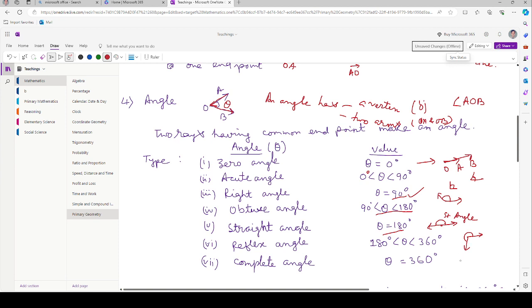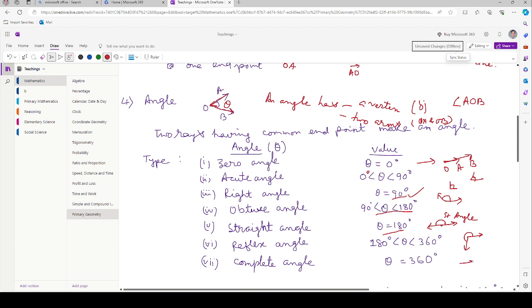Now come to the point, complete angle. What is a complete angle? An angle equal to 360 degrees forming a complete circle is known as a complete angle.